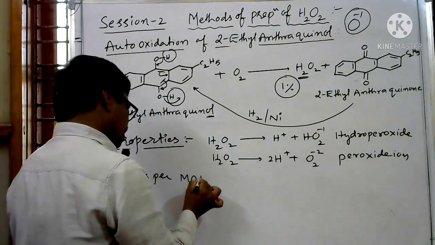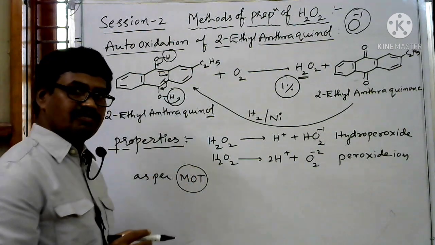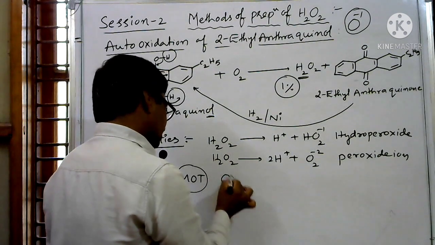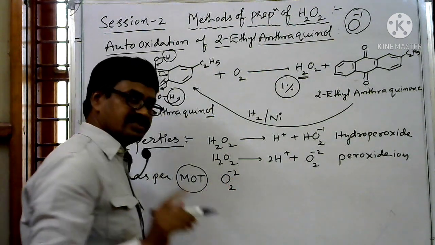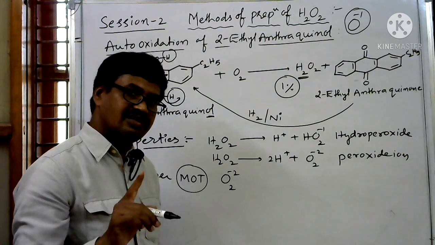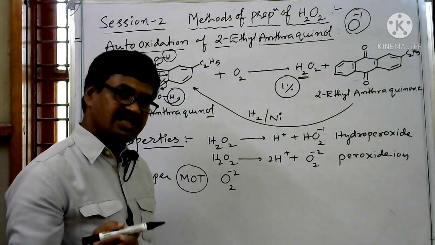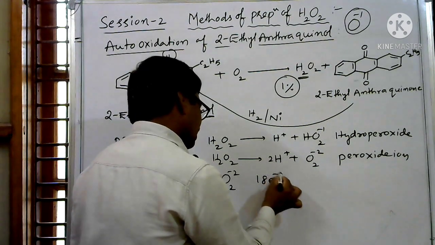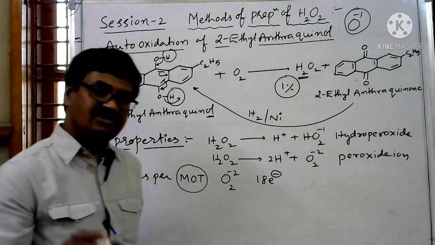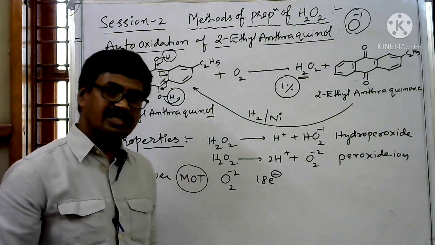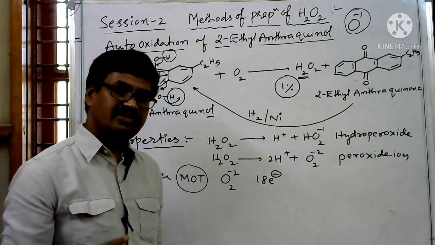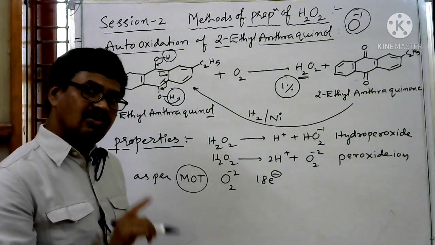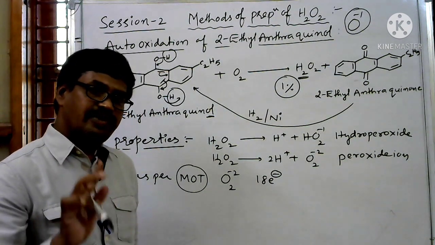So as per MO theory, molecular orbital theory, which you read in first year chemical bonding, here O2 minus 2 contains how many electrons? One oxygen has 8 electrons, two oxygens 8 plus 8, 16 electrons. Along with this, minus 2 means a total of 18 electrons are present. For 18 electrons, if you write the electron configuration as per molecular orbital theory, like sigma 1s2, sigma star 1s2, sigma 2s2, sigma star 2s2, if you continue, all orbitals will take a pair of electrons.